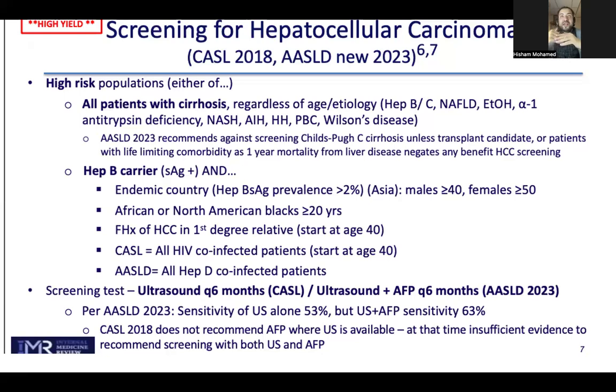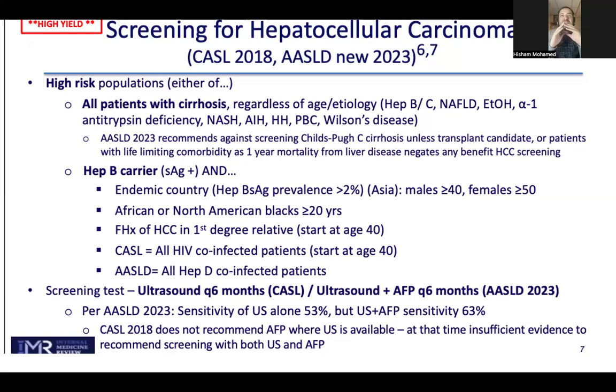The second group in Canada for HCC screening is patients from endemic countries like Asia with hepatitis B surface antigen positive. For Asia, you need male 40 or more and female 50 or more. For African or North American Black, more than 20 years.